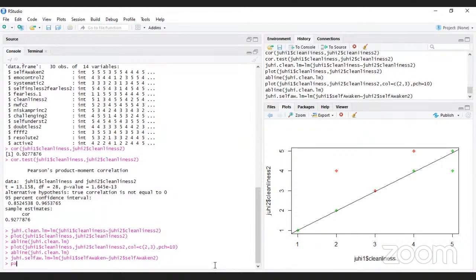I can do one thing. I can reduce the partition.